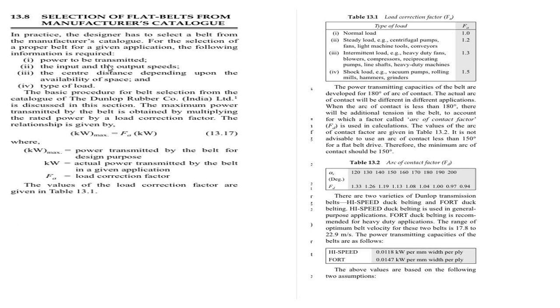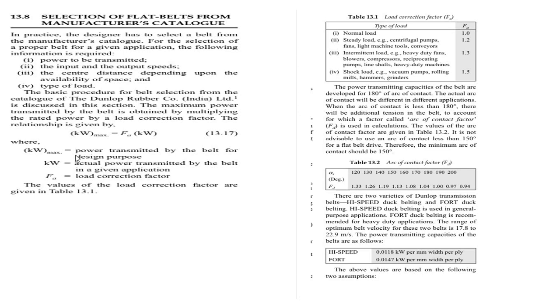The input and the output speeds: the smaller pulley and bigger pulley speeds can be measured with the help of a tachometer. Then the center distance, depending upon the availability of space. In which location we are going to build the belt drive, its distance or space calculation is required while selecting the belt. If you have a compact system, then we can go for V belts. For a flat belt, exact calculation of the center distance is required.